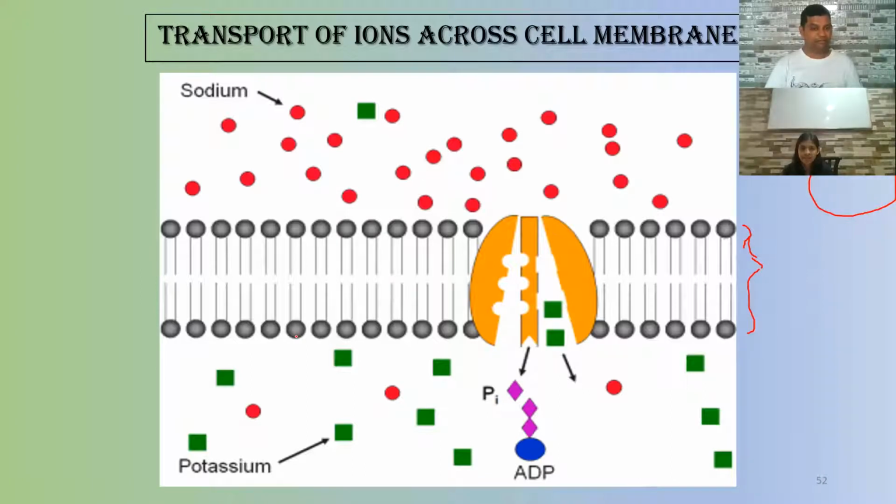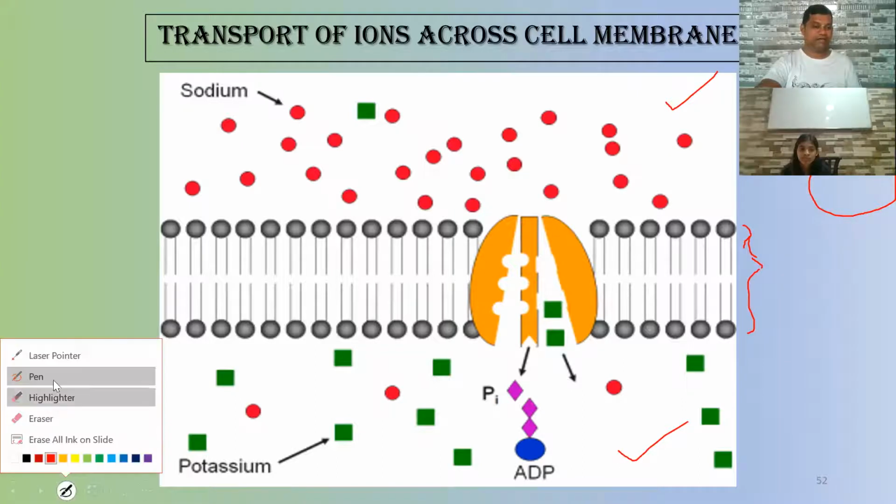Plasma membrane का fluid mosaic model याद है? Yes, of course. Phospholipid bilayer. So this portion is outside the cell, and this portion is inside the cell. कुछ molecules हैं जो बाहर से अंदर जाने हैं. So how is it regulated on the plasma membrane? That's what we are going to see.